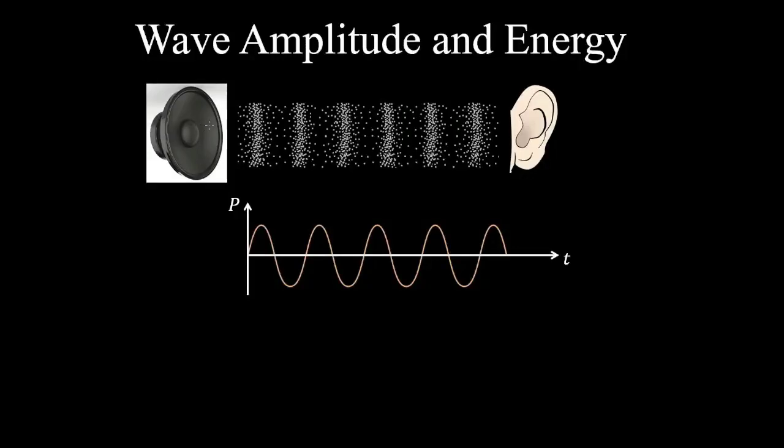Suppose we have a speaker, and this diaphragm moves back and forth at some amplitude and frequency to cause a sound wave to propagate through an air medium. And using an oscilloscope, we measure the pressure at some point in the medium over time.